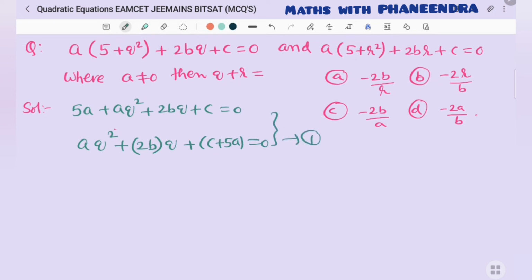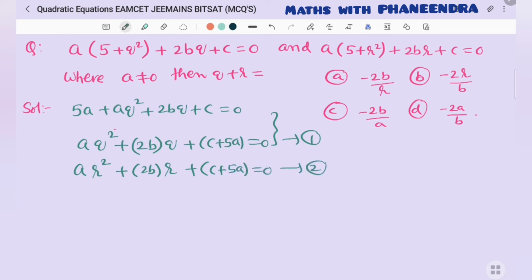Similarly, the second equation also, if you do the actual multiplication, wherever q is there in this equation, r is there. So what I am writing is a into r square plus 2b into r plus c plus 5a is equal to 0.